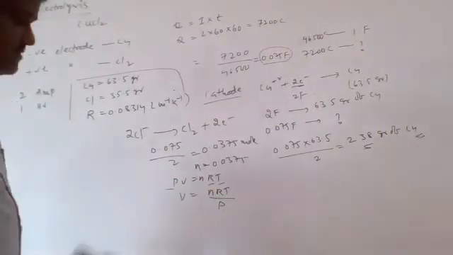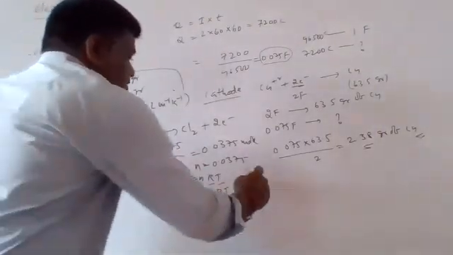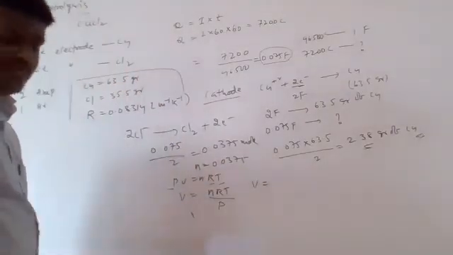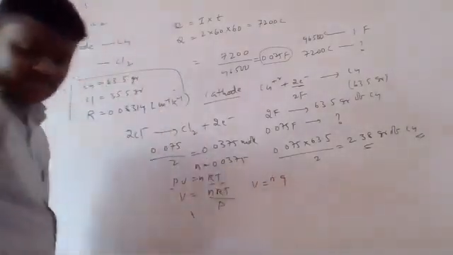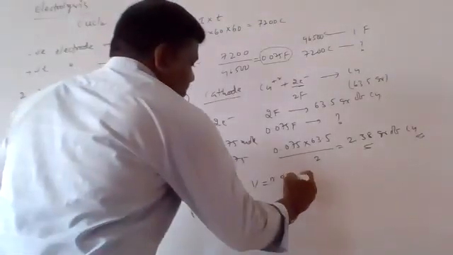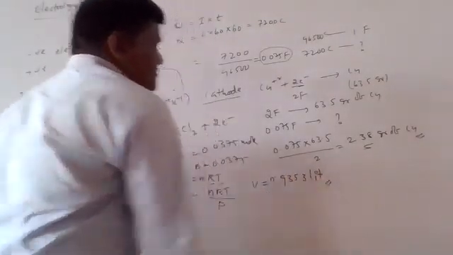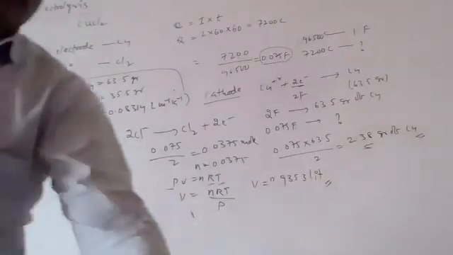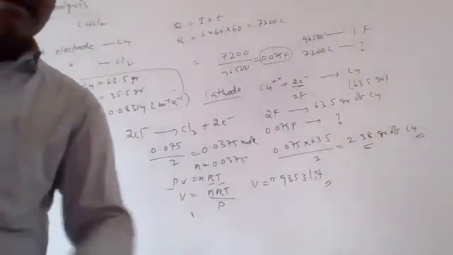Then the value of V is equal to 0.93 liters. This is the calculation of products formed at the electrodes.